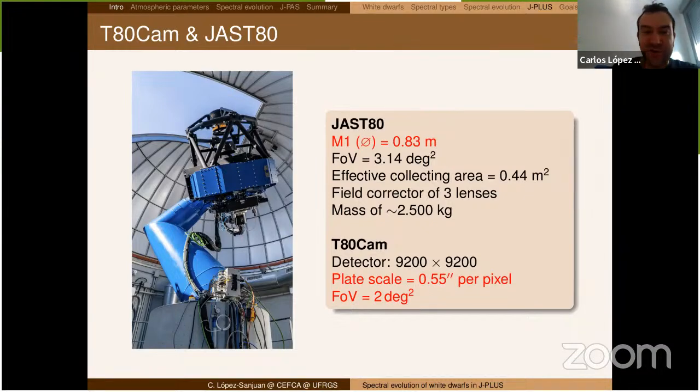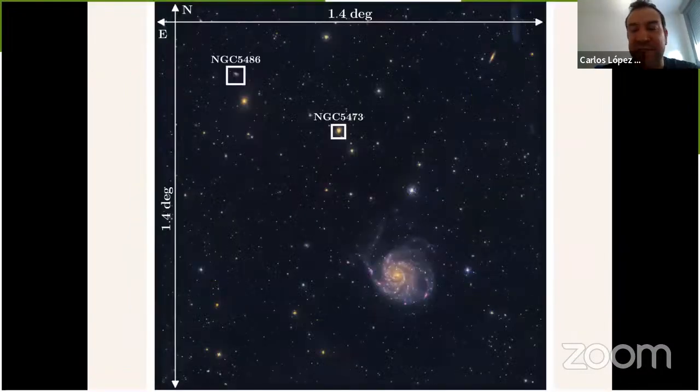Just as an example, this is one image of 1.4 by 1.4 square degrees, and the galaxy that you see here is M101. M101 is usually a very big galaxy for other instruments, and you need several pointings to cover the whole galaxy. But for us, it's like a small object in the field.